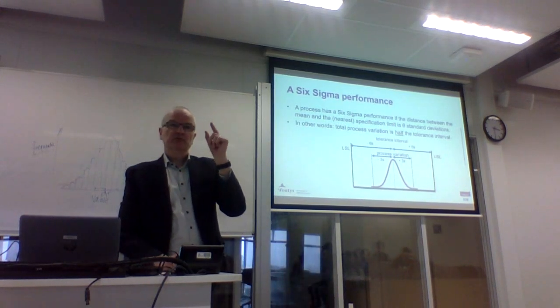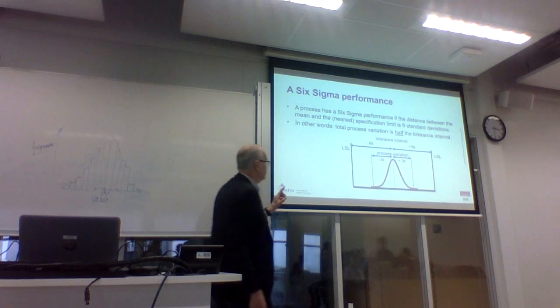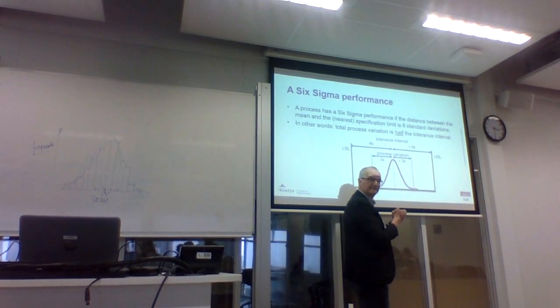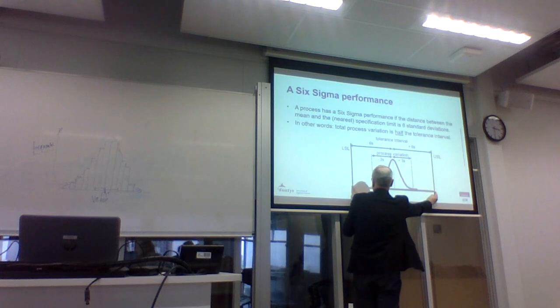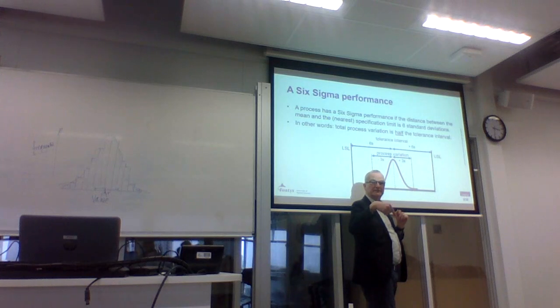Okay, think about what the CP value is if it's Six Sigma. What is the CP value for Six Sigma? This is 12 Sigma, right? And you divide it by how many times S? 6 times S. Yeah.